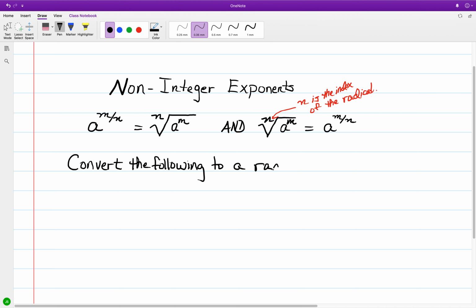In the first case, we have x to the 2/3. In this particular instance, m is represented by 2, n is represented by 3, and the denominator defines the index of the radical. So we end up with a cubic root, and for this instance, we have the cubic root of x squared.